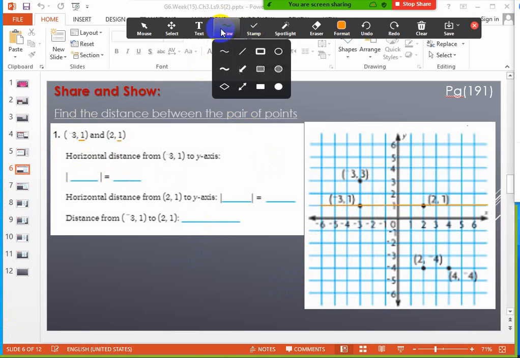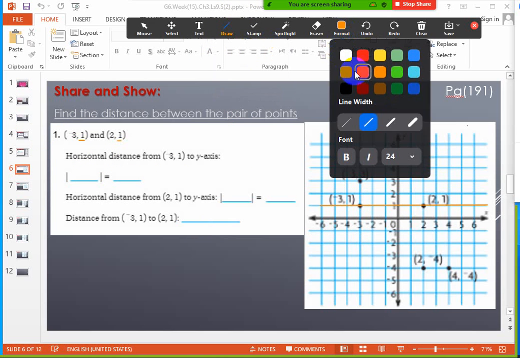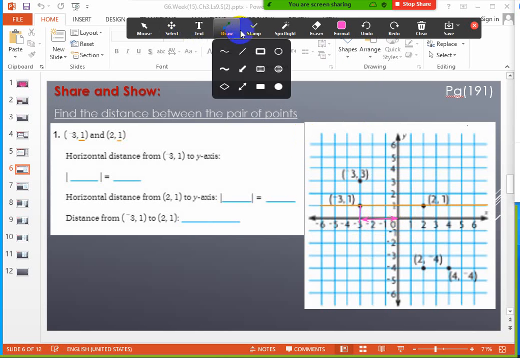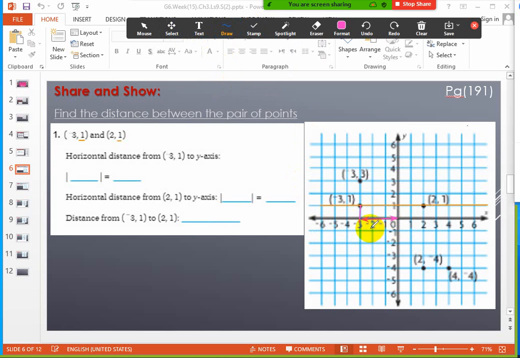So girls, first I will take the x for the first point, which is -3. This negative means the distance from this point to the 0 point is the absolute value of -3, which is 3. This is the distance between this point and the 0 point.